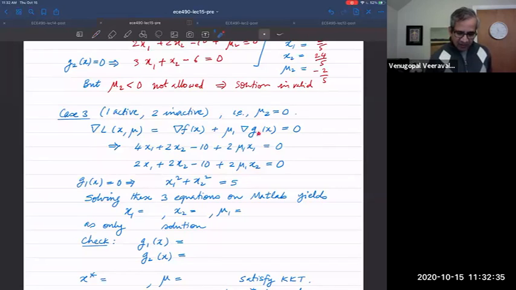The gradient of G1 had components 2x1 and 2x2, so that gets multiplied by mu1 and set equal to 0. And then the constraint: we're assuming that the first one is active, so G1(x) is equal to 0, which gives us x1 squared plus x2 squared equal to 5. So now we have three equations, but they're not linear equations anymore because this is a nonlinear thing. So this is actually quite hard to solve.